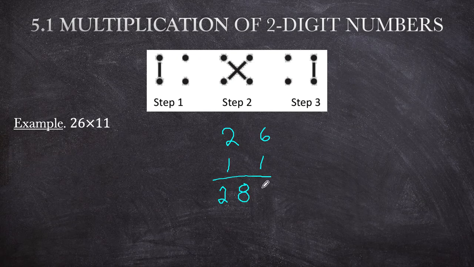And then 6 times 1 is 6. And then what we have is 286. Okay, so if you're aware of the shortcut for multiplication by 11, you can see that what we have is bring down the tens digit, add the tens and the ones digit, that's 8, and then bring down the ones digit. So that's our shortcut, 286.